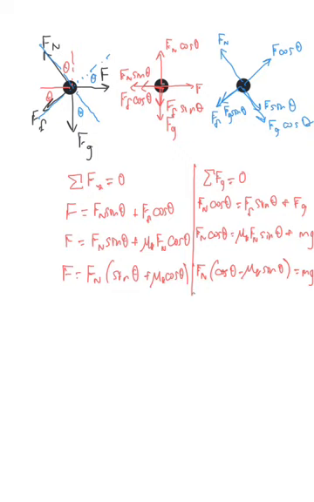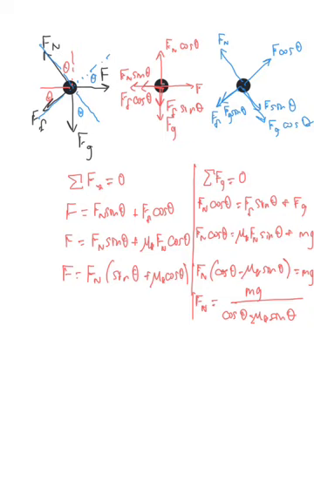Now the final step over on this equation is to just divide both sides by all that stuff in parentheses. So Fn will be equal to mg divided by everything that was in parentheses, which I no longer need to keep the parentheses on, cosine theta minus mu k sine theta.